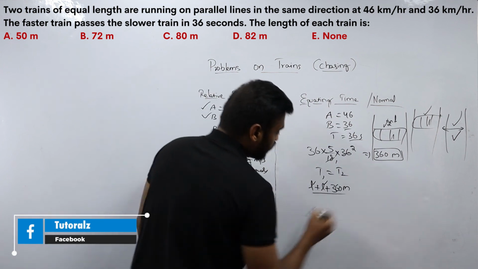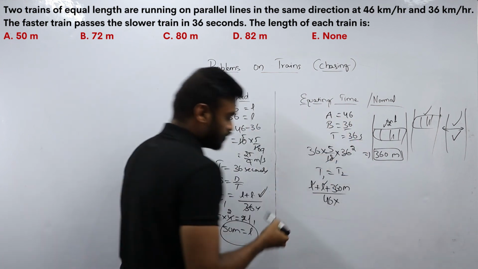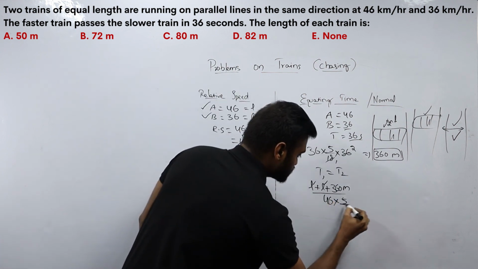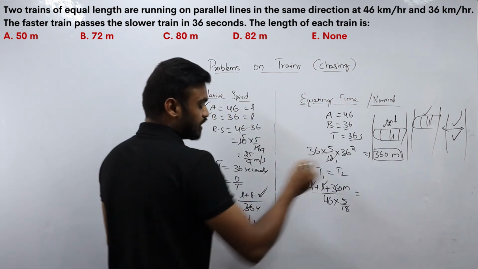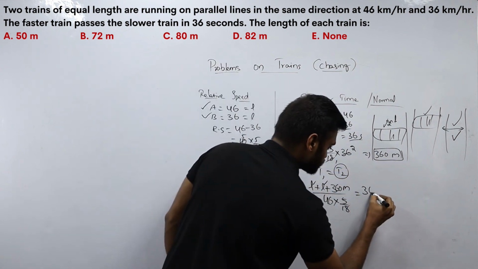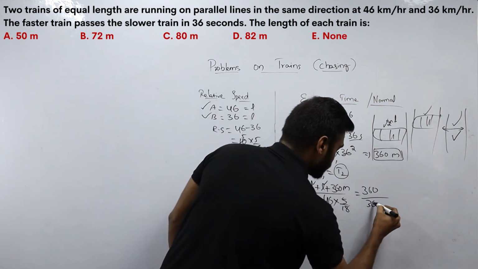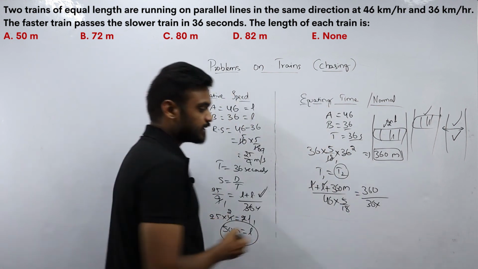Now what is the speed of the second train, that is 46 km per hour. We need to convert it into meters per second, equal to the distance, that is 2L plus 360 meters, divided by the relative speed, that is 46 minus 36 km per hour, and we need to convert it into meters per second.